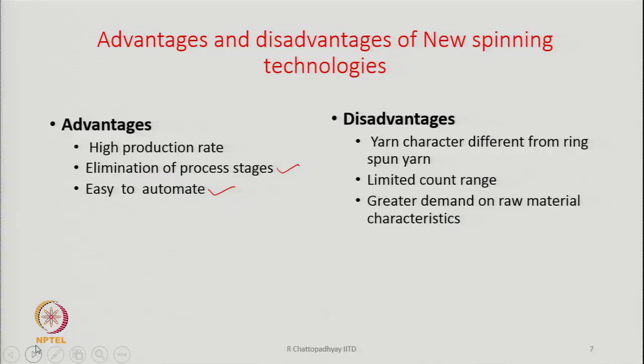And the third one is greater demand on raw material characteristics. Ring spinning, as I say, is a very versatile spinning system. It can handle all types of fibers. It can produce a range of yarn counts, and the character of the yarn also is superior in many respects. That is why even though ring spinning is slow in comparison to the new spinning systems, even then ring spinning is still the most popular spinning technology till now.